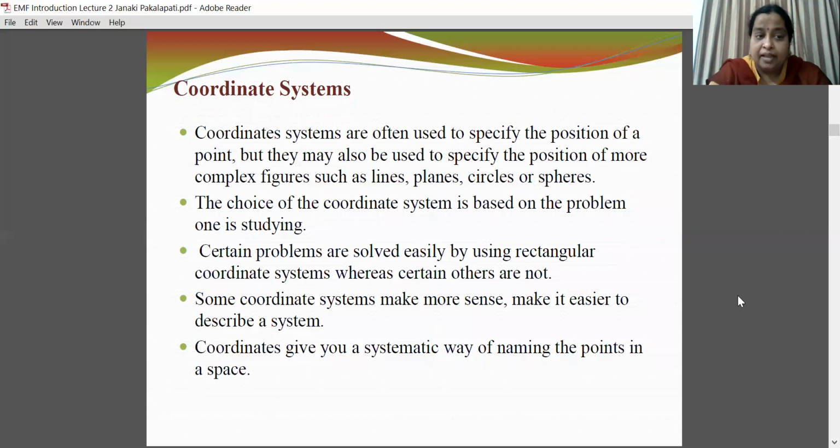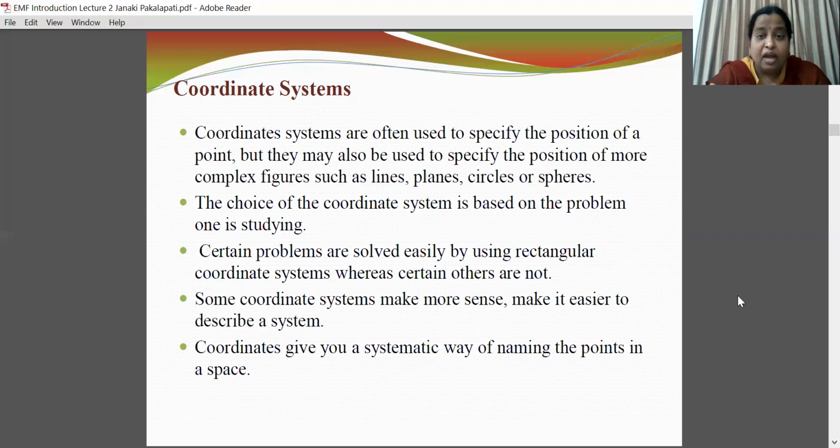Now, in the other concept of your first unit, we are going to discuss coordinate systems. So what do you mean by coordinate systems? If I simply summarize these points, the coordinate systems are of three types.